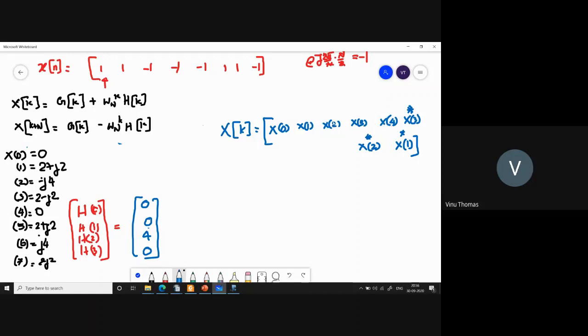Then you look at a reflection, but that reflection is a complex conjugate reflection. So after X of 4, the next sample would be X of 3 star, the next sample would be X of 2 star, and the next sample would be X of 1 star. So that's how in general you can compute.